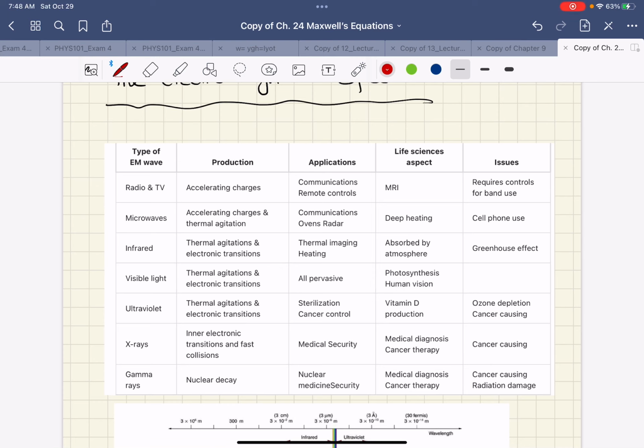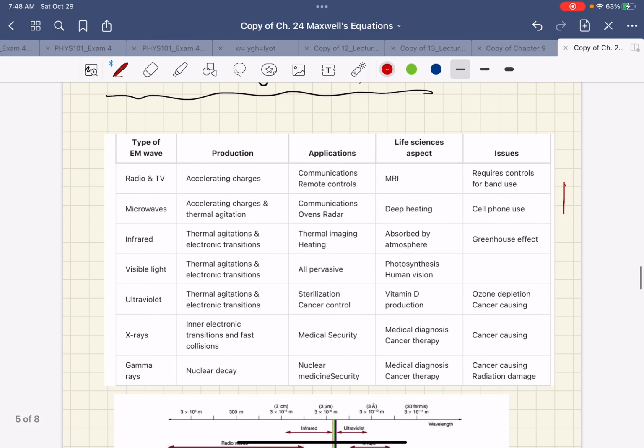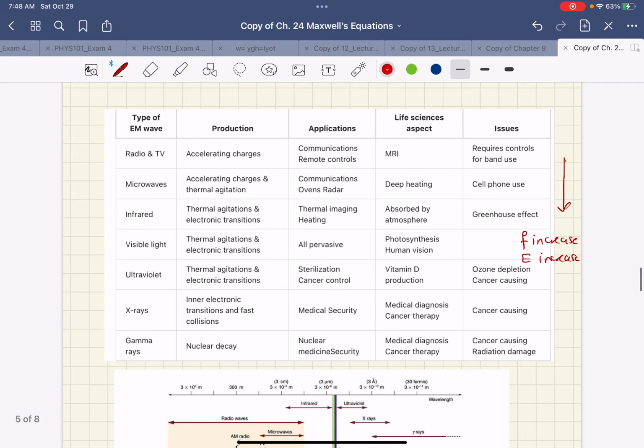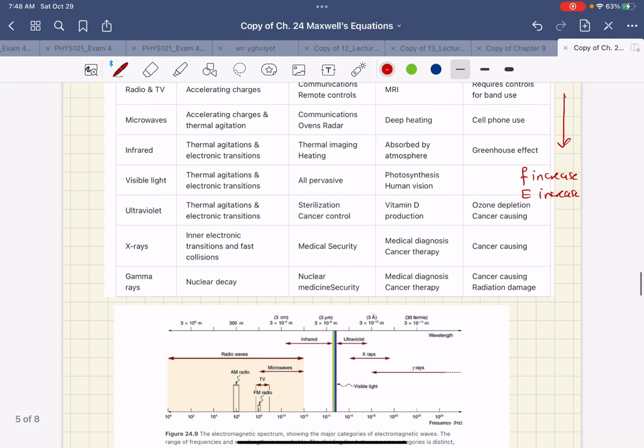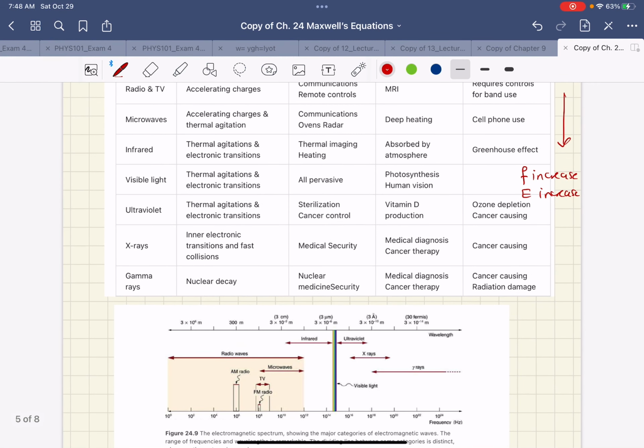One thing I want you to know is that as we go down like this, the frequency increases, and also E increases, and the radiation becomes more harmful or dangerous. Gamma rays can cause cancer and radiation damage.